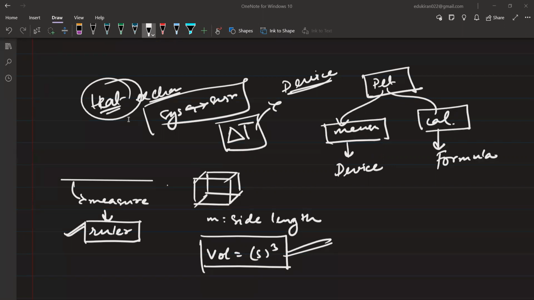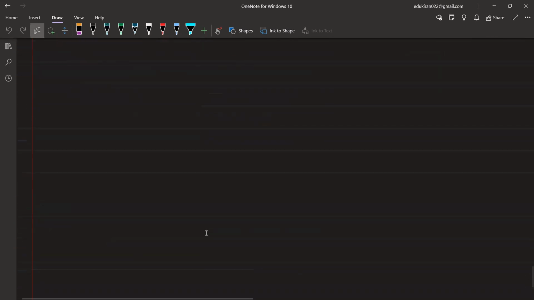But again, we have two types of heat capacity, and you can measure it either at constant volume or at constant pressure. Now there are two simple tools or devices to get the exact temperature change.